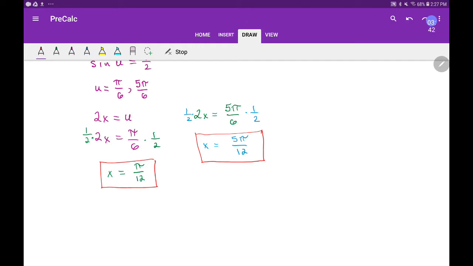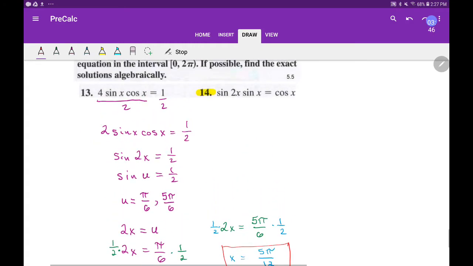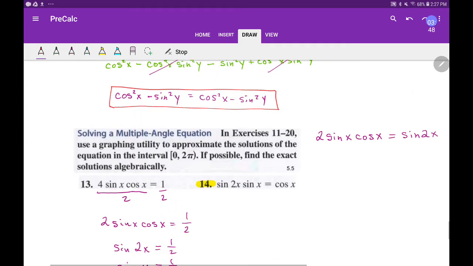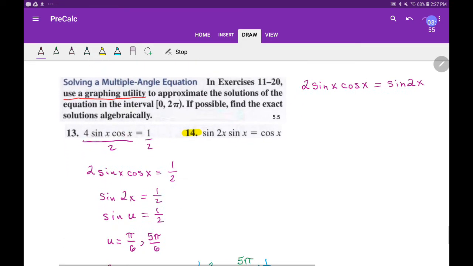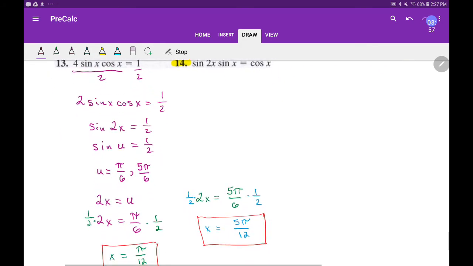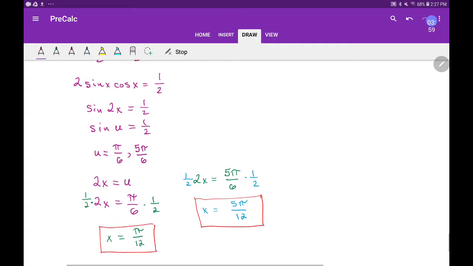So I have a feeling we have more solutions, and a graph might be helpful. It says use a graphing utility. Well, okay, true. We could use a graphing utility and help fill in the blanks.